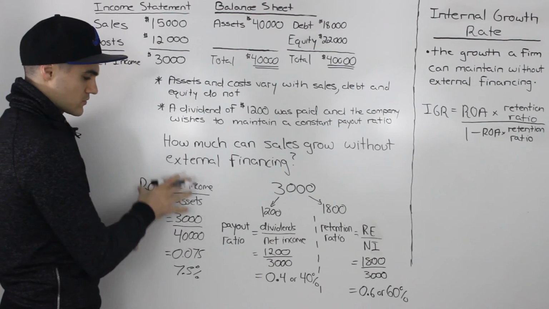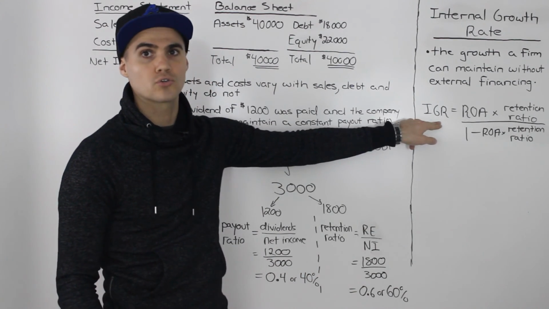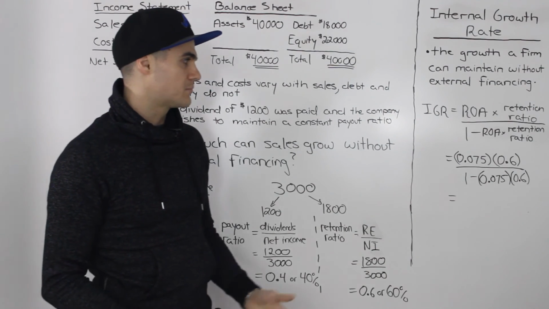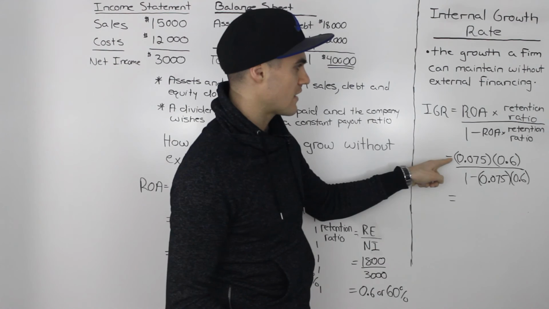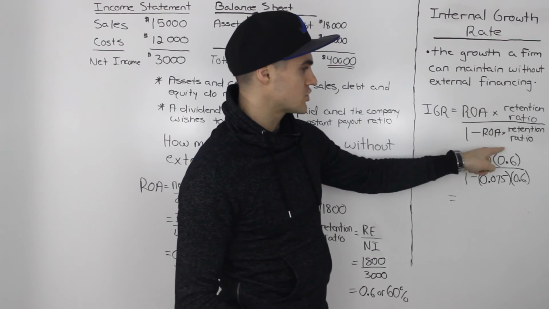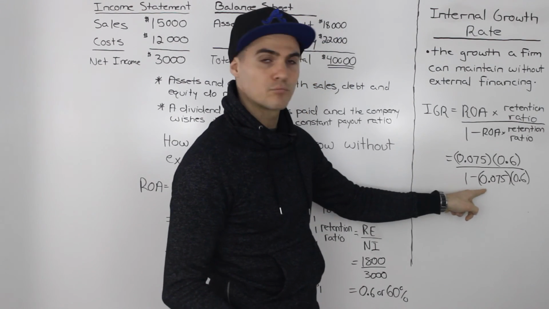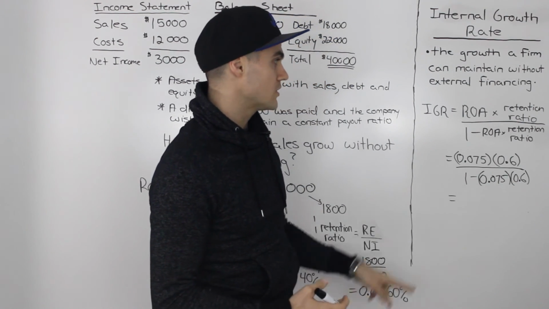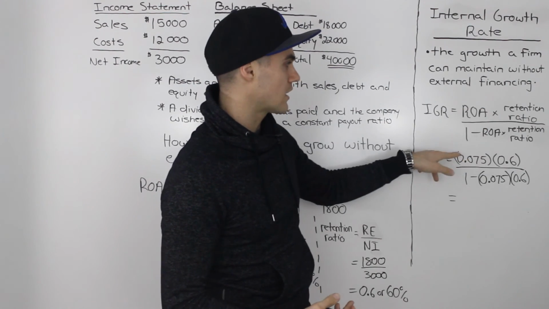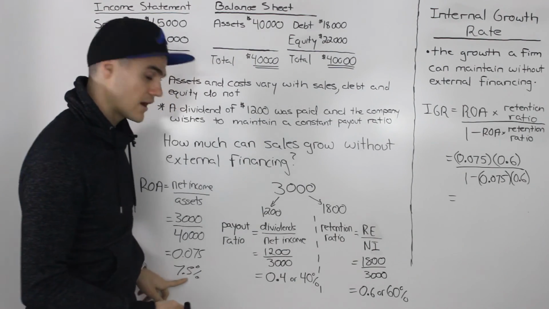Now, since we have the return on assets and the retention ratio, we can figure out what our internal growth rate is. Plugging those values into the formula, we have our return on assets of 0.075 times our retention ratio of 0.6, all over 1 minus the return on assets again of 0.075 times the retention ratio of 0.6. Notice how the return on assets and the retention ratio are in decimal format, not in percentages.